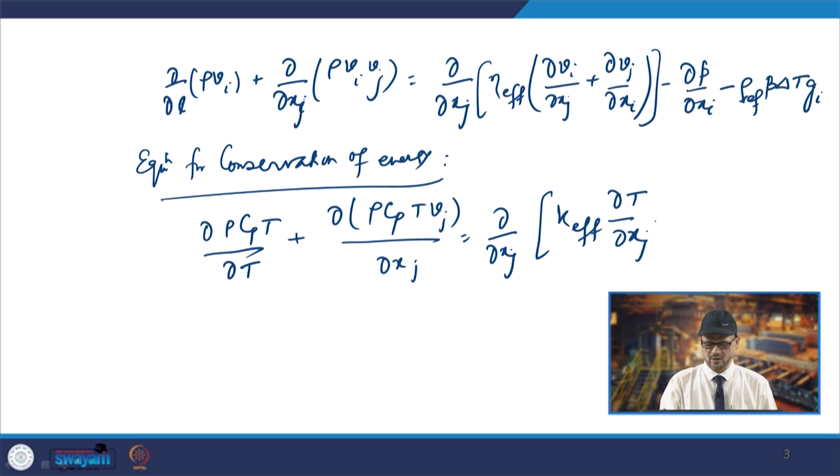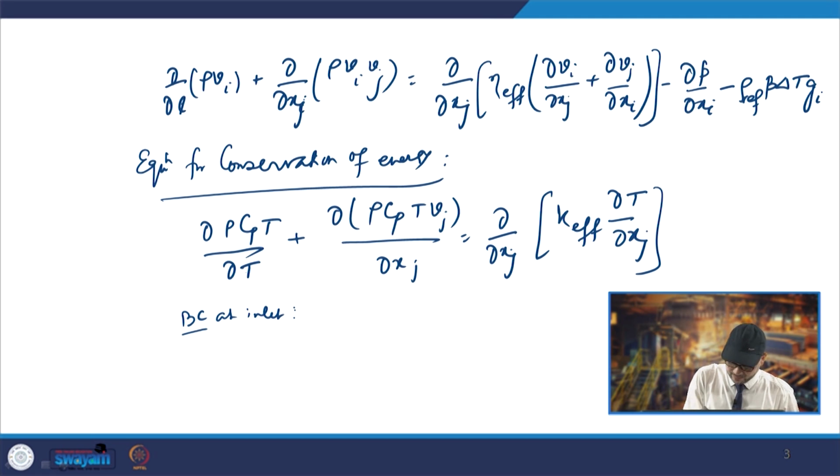So, if you look at these terms, k effective is nothing but the effective thermal conductivity which is there in the case of the turbulent flow. In the case of turbulent flow, you will have the effective thermal conductivity, that will be because of the molecular as well as the turbulent part. So, it will be the summation of the molecular and the turbulent thermal conductivities. So, these together they will be governing the flow dynamics in the system.